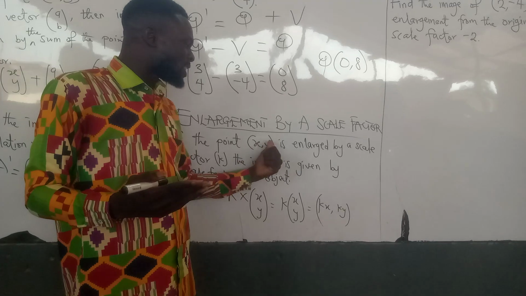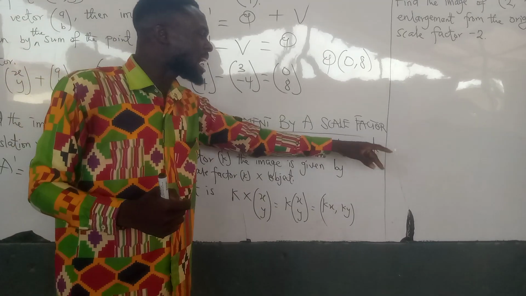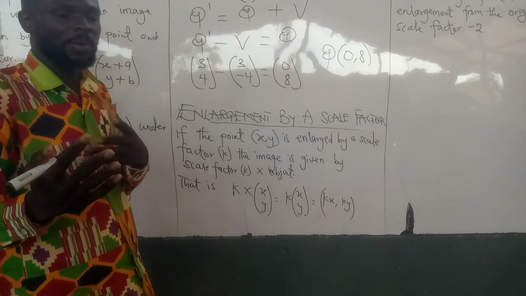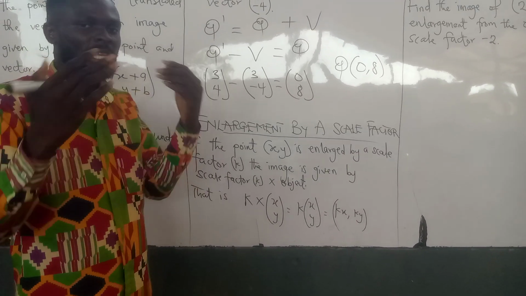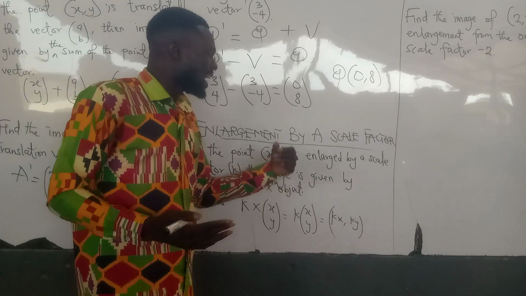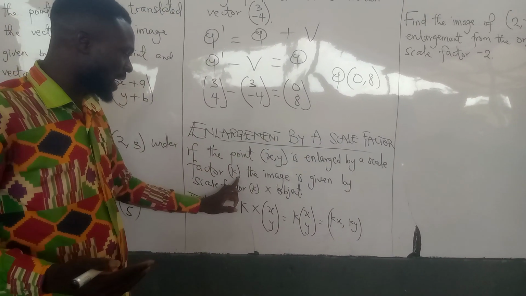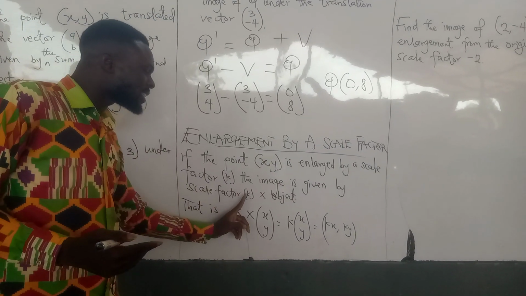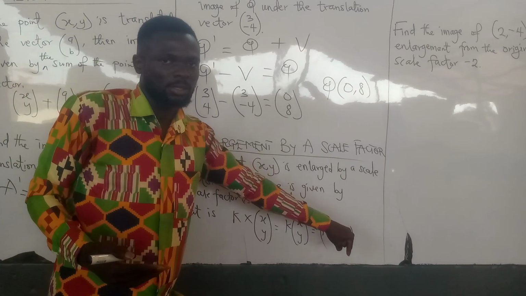If the point (x, y) is enlarged by a scale factor k, the scale factor is represented by k as its variable. The image is given by scale factor times object.